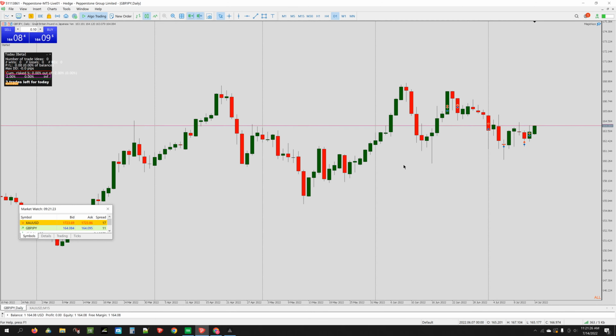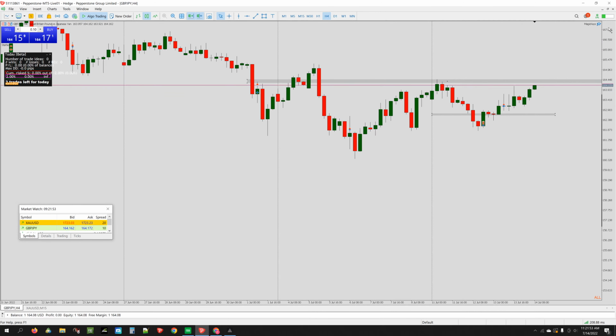If we look at daily, we have created a support in daily at 162.700 area, and we have resistance in daily at 164.300 area.